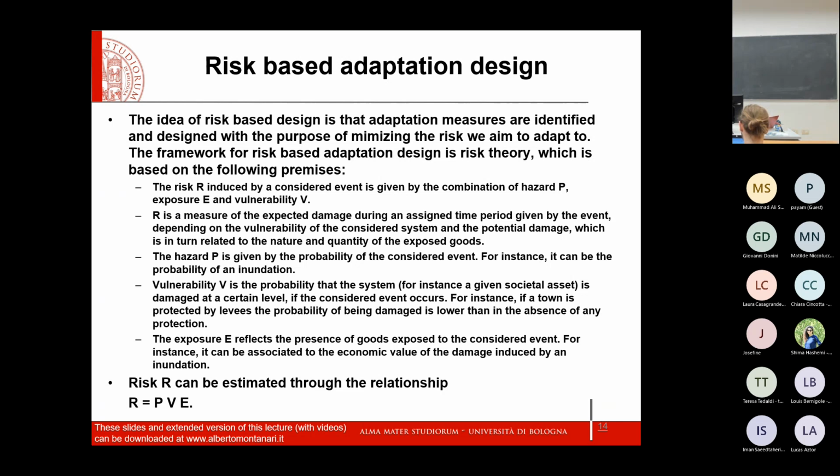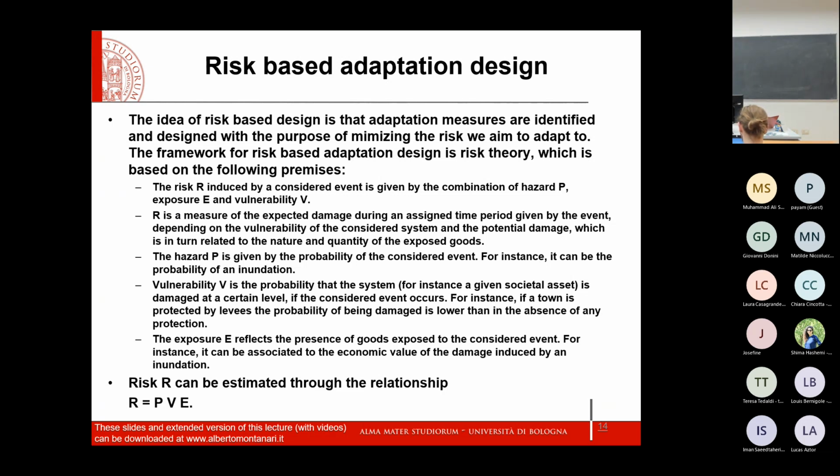Exposure, it's not reasonable to assume that it's independent of the intensity of the event. So if I get a heat wave of 4, even with vulnerability 1, I get a damage, okay? But the damage is not much relevant.